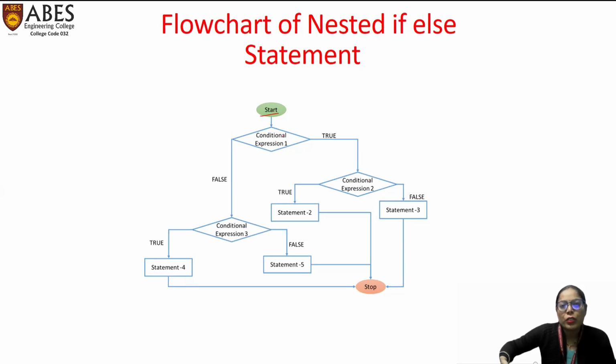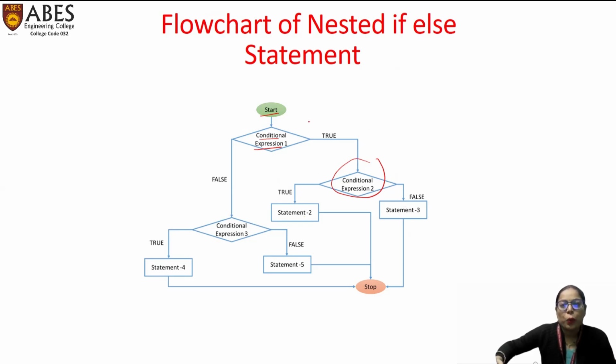If the condition is true, we get another if statement, where we check another condition inside this conditional statement. And if that condition is true, this part is executed. If the condition is false, the third statement is executed.